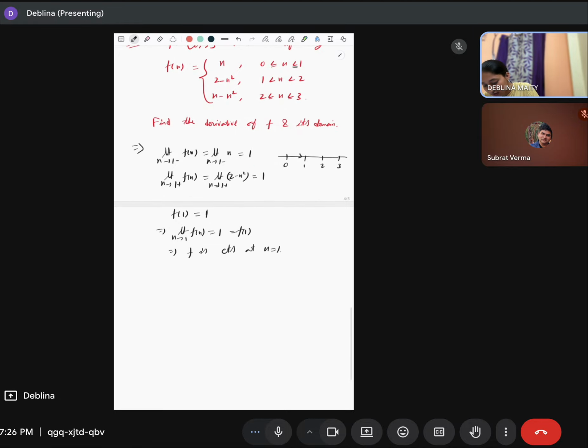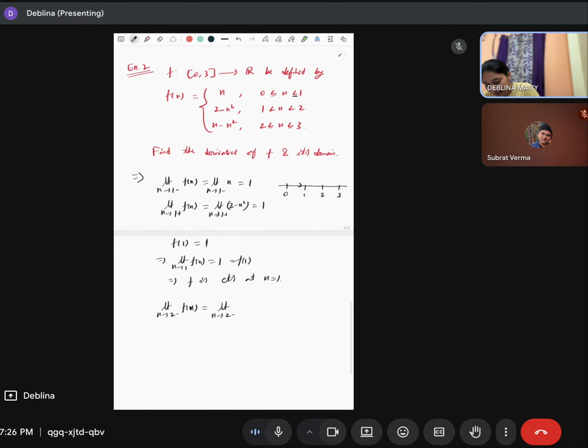And for 2, the limit as x goes to 2 minus of f(x) is 2 minus x square, which is minus 2, and the limit as x goes to 2 plus of f(x) is x minus x square, which is 2 minus 2 square, which is minus 2, and f(2) is also minus 2.